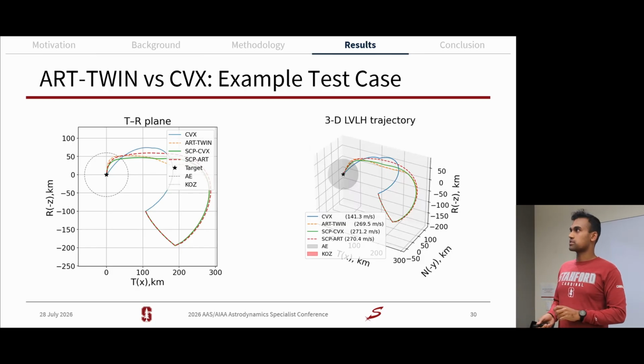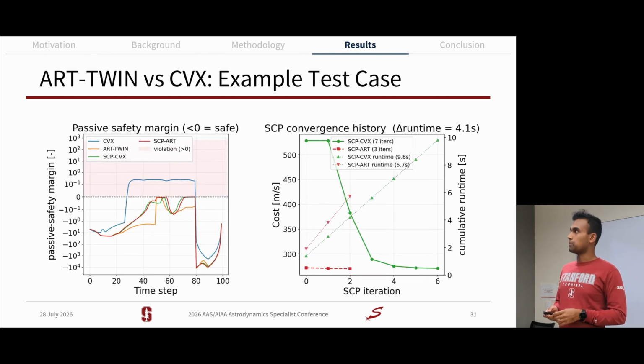So this is just one example test case where we can see that the CVX and ART twin solutions both converge ultimately to similar SCP solutions with similar delta V costs, but their initial predictions are very different, and ART twin is much closer to the final converged SCP solution, which of course would help speed up its runtime and speed of convergence.